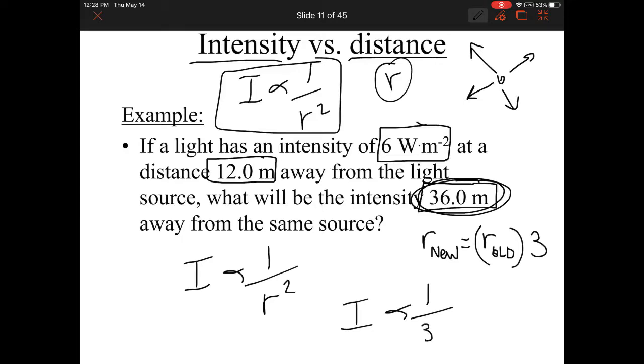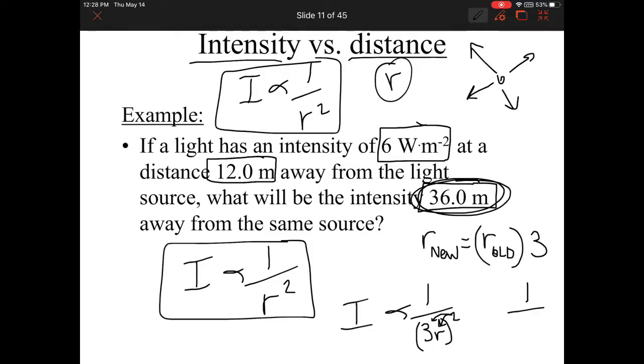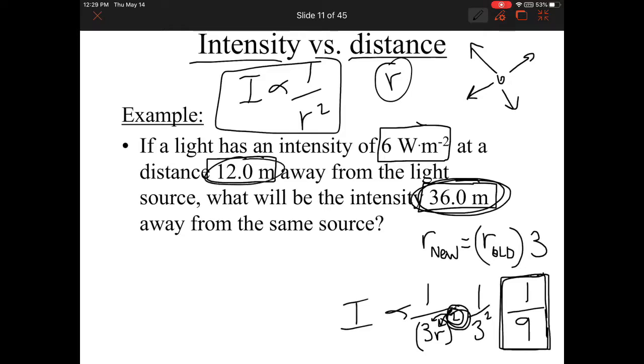You just use this mathematically, and it's pretty simple. I have tripled my radius, and I keep this statement true. If I've tripled my radius, and I expand this exponent, I could say that it will be 1/9 of the intensity. At 12 meters, my intensity was 6 watts per meter squared.